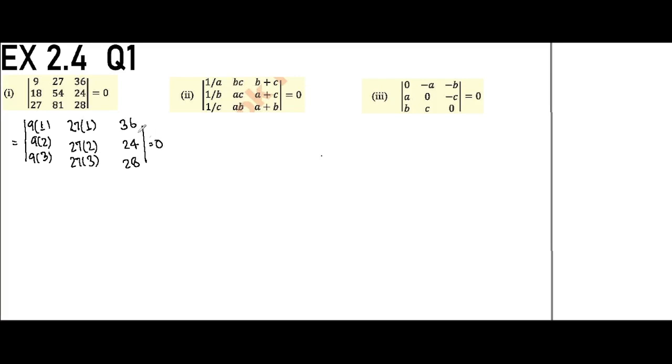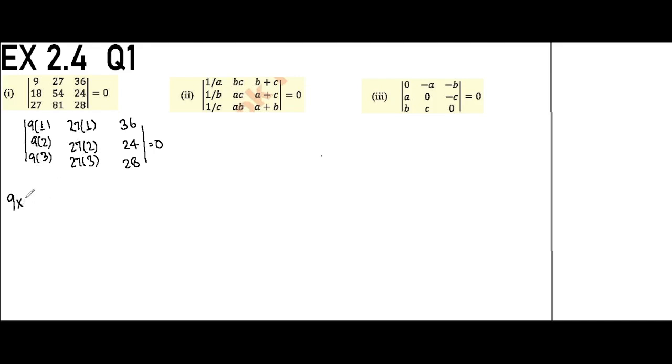And this is equal to 0, so we are going to remove this first equal sign. Okay. Now, whenever a constant is common in the entire row or the entire column, we can write it as a common of the whole determinant. As this 9 is common in this entire column, we can write 9 over here as the common element, and we'll do the same with 27.